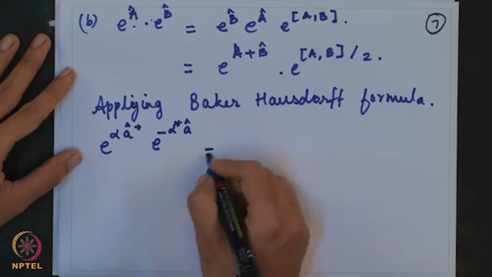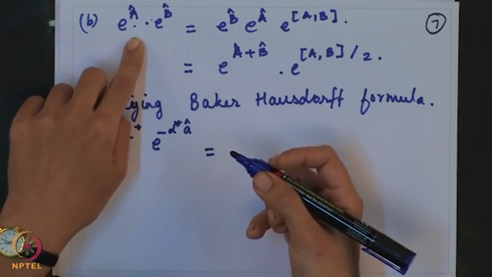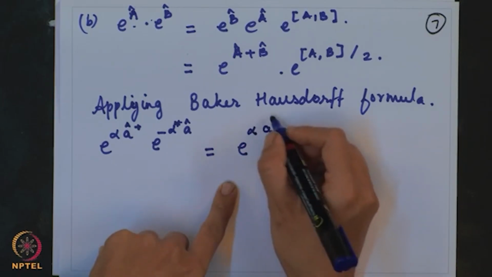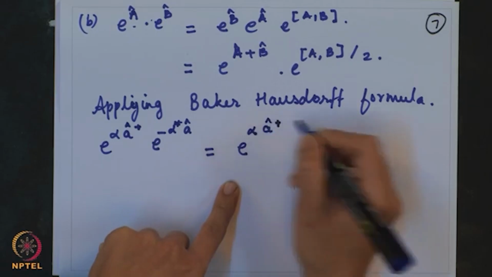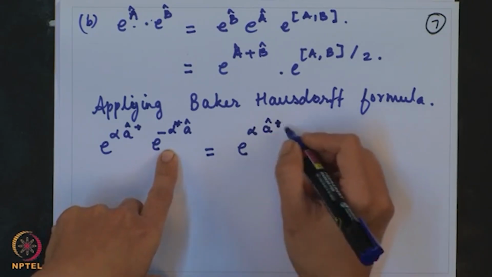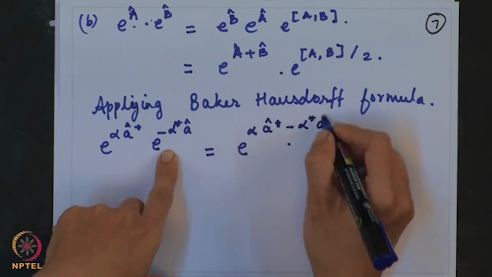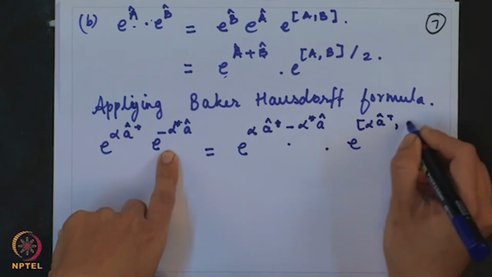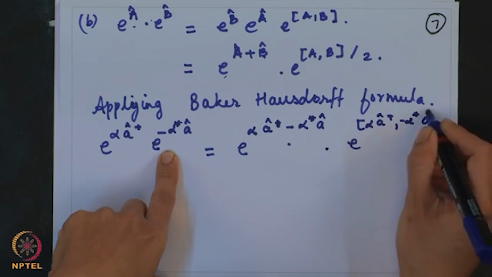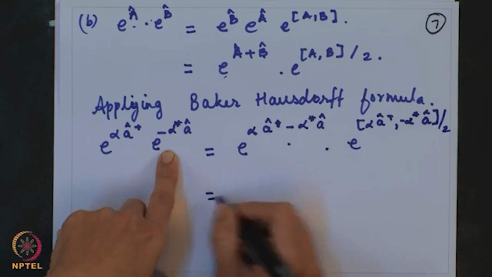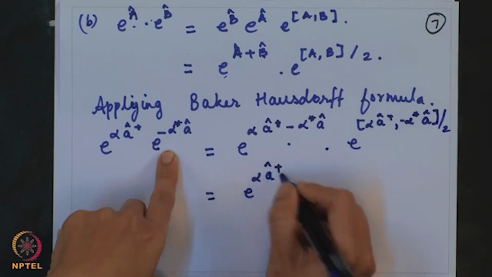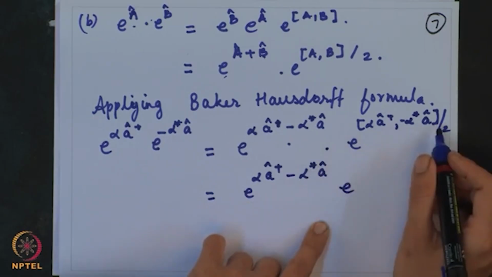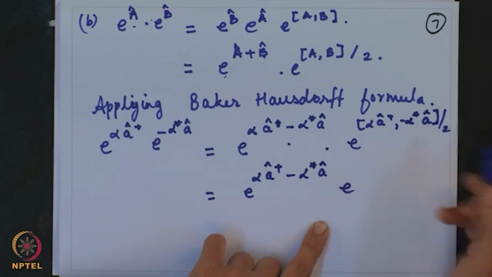This expression I can rewrite using this result as e raised to alpha A dagger, okay, this term, minus alpha star A. So, I have used this times e raised to alpha A dagger minus alpha star A divided by 2, and this will be the commutator of alpha A dagger and minus alpha star A, and I can have alpha square outside and the commutator of A and A dagger is 1.